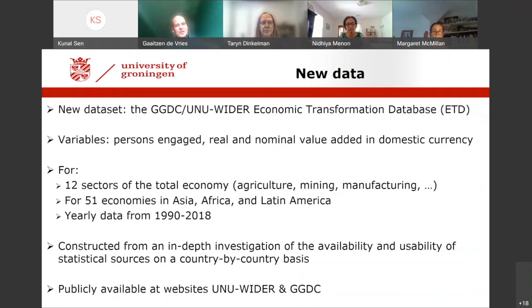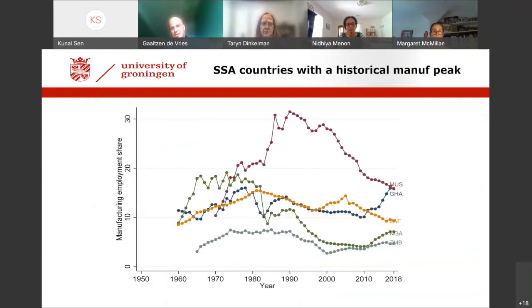If we focus on trends in the manufacturing employment share, these are the countries that Rodrik distinguished in his figure 5 in his 2016 paper on premature deindustrialization. If you look at the trend in manufacturing employment share over that long time period, you see that several of these sub-Saharan African countries had a historical peak in manufacturing, often around the time of their state-led industrialization strategies.